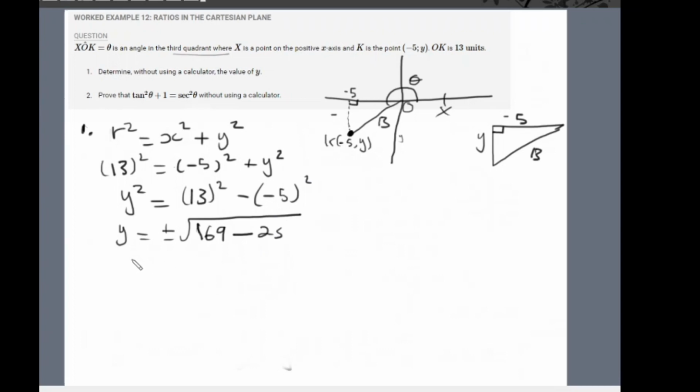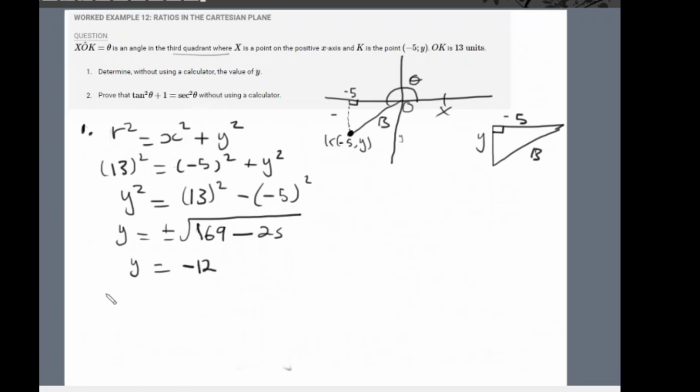So y will be equals to the square root of 169 minus 25, which is equals to 12. Because we are in the third quadrant, y is negative in the third quadrant, so we'll have y as minus 12.